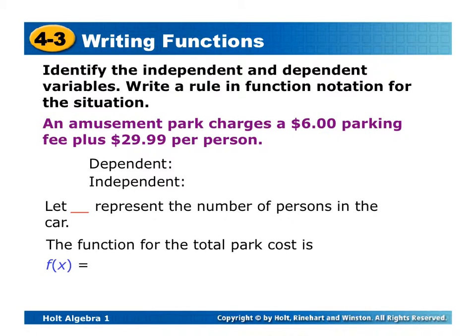Now I want you to pause the video and try this one out on your own, and then you can check your work. So here an amusement park charges a $6 parking fee plus $29.99 per person. So your dependent, once again, is going to be your charge, and your independent is going to be the number of people.